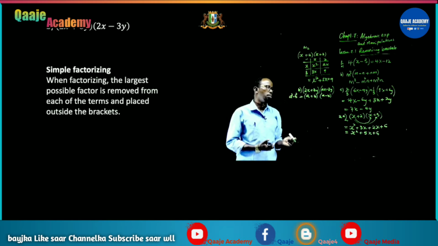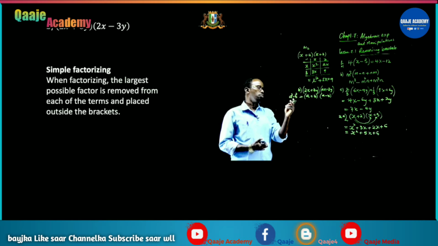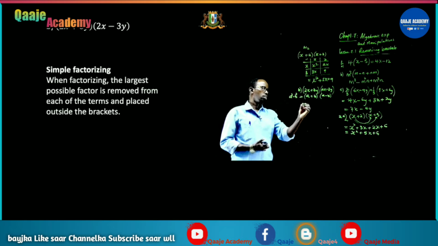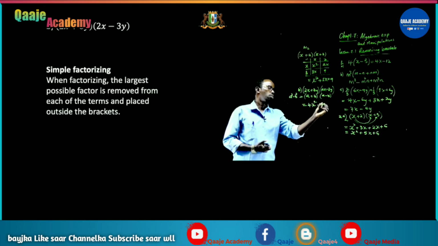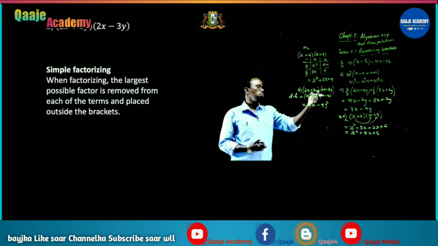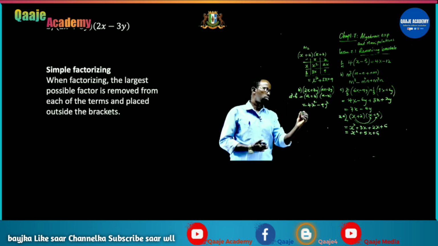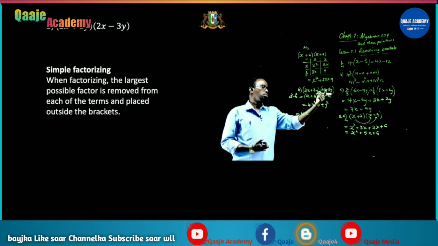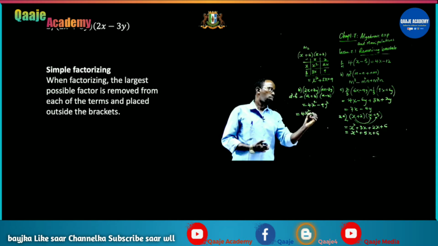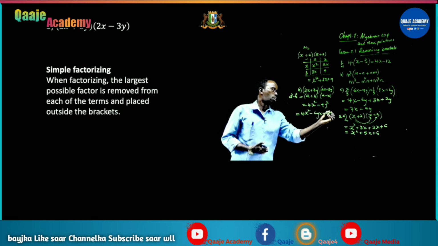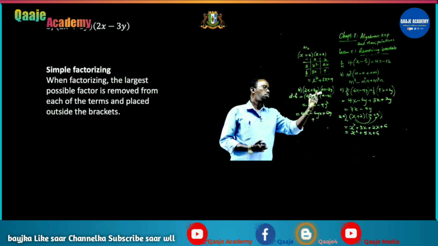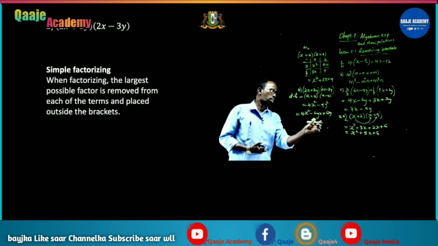So a is 2x, so 2x in brackets squared, you get 4x squared, and then b squared is 3y squared, so you get 9y squared. As well, you can multiply: 2x times 2x, you get 4x squared. 2x times minus 3y, you get minus 6xy. And then this times this, you get 6xy. And then minus 3y times 3y, you get minus 9y squared.